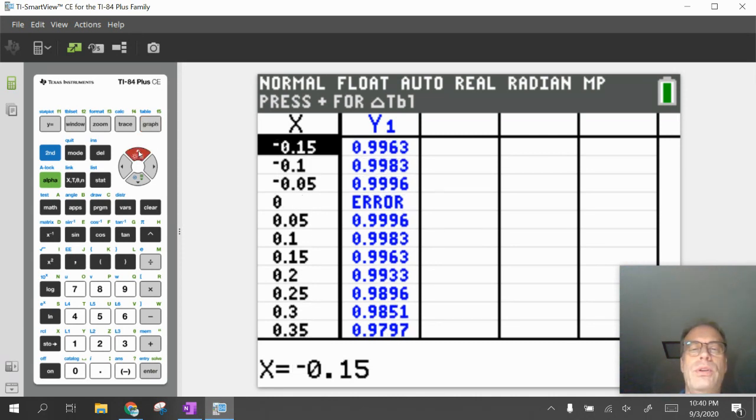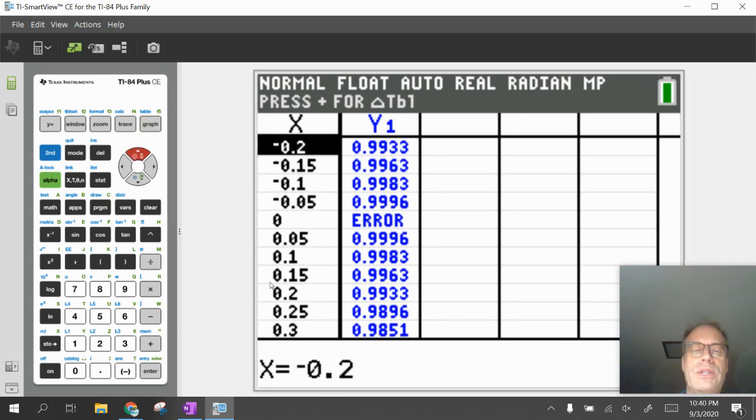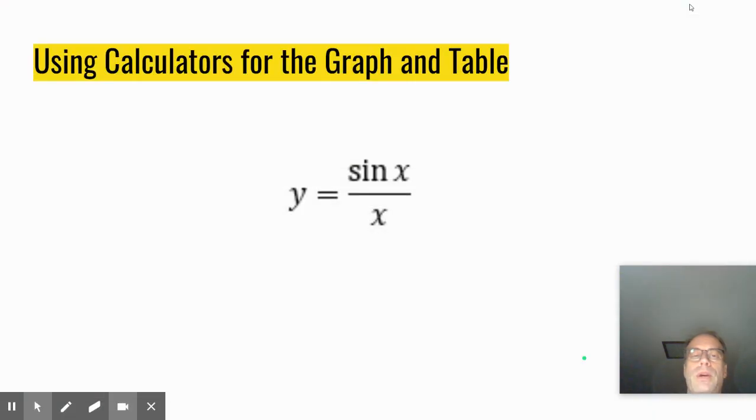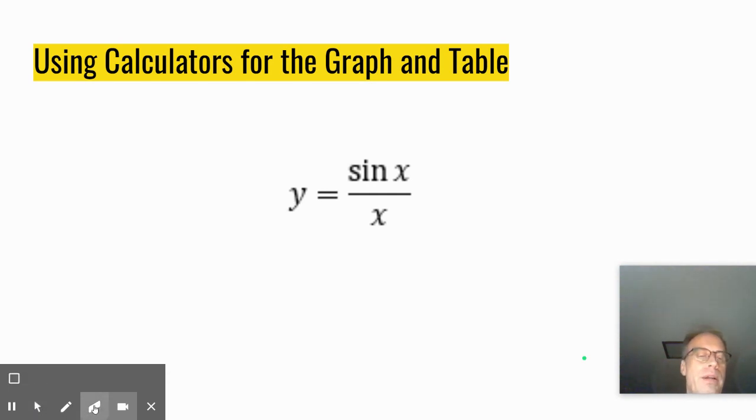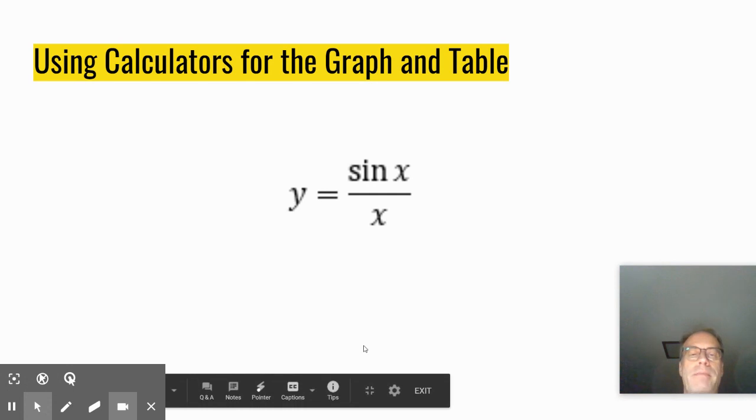And you can now look at these various things, and you can see that as I'm getting closer and closer from the right and closer from the left, I'm still getting values that are very, very close to 1. So we can use graphing calculators to help us try and see things a little bit differently. We're not going to be doing a ton of that, but I want you guys to look at that today.